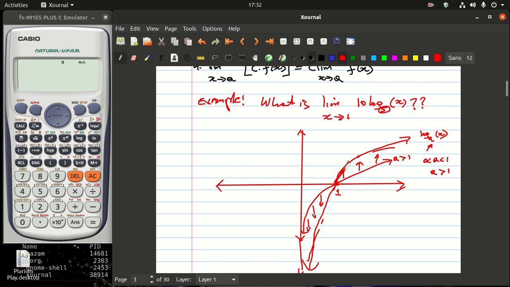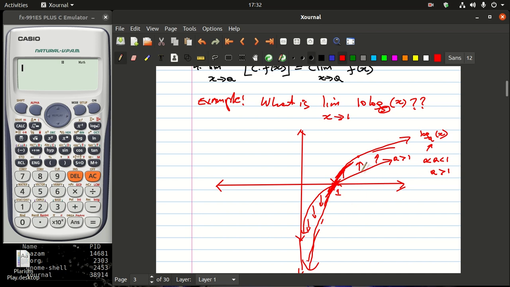This was supposed to be a little bit smoother here, but it's going to pass through 1. This point is 1 because we were stretching by a couple of units.